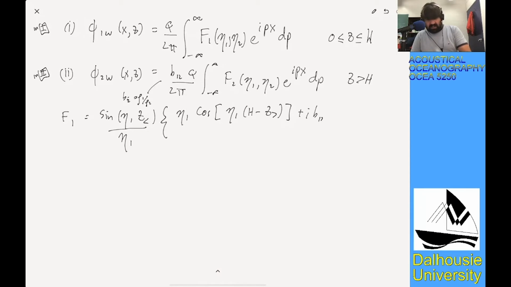It's really actually not that ugly. It's just some sines and cosines that one has to be relatively careful about keeping track of. But it's really not that bad of a problem.